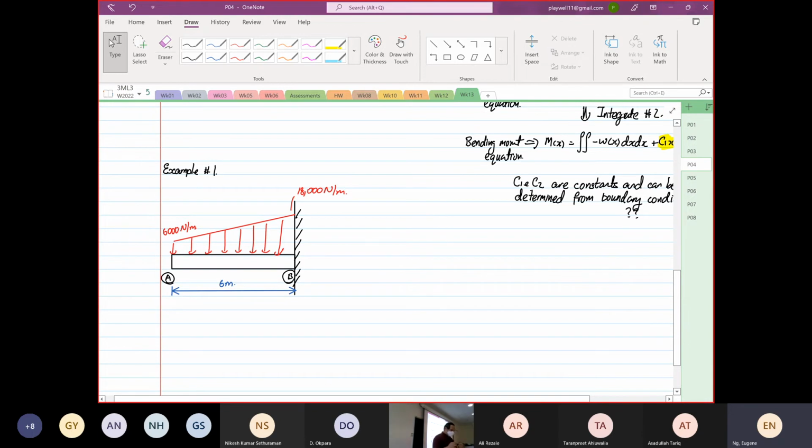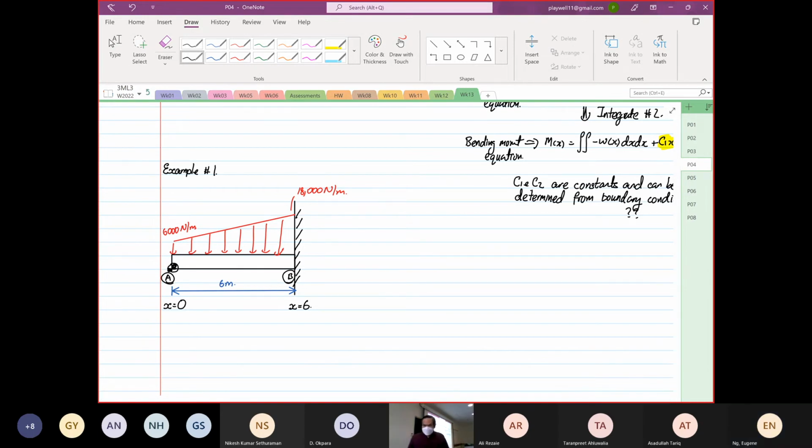I want you all to label them this way. We always specify that the datum is on the left-hand side, and I already showed you why. So over here, x is equal to 0. On the right-hand side, x is equal to 6, because the left-hand side is the datum.